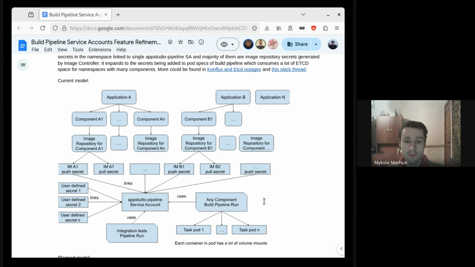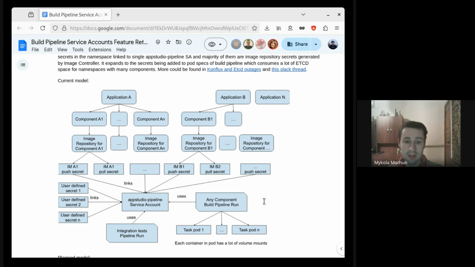So we have many parameters in our build pipeline that say secret name, and the secret is just consumed by the name. And as I said, we cannot predict the name of the secret, so we cannot improve those. But instead, with this feature, we would like to primarily improve two things.